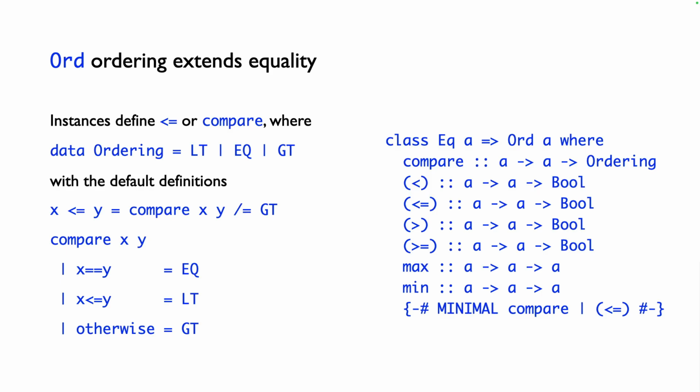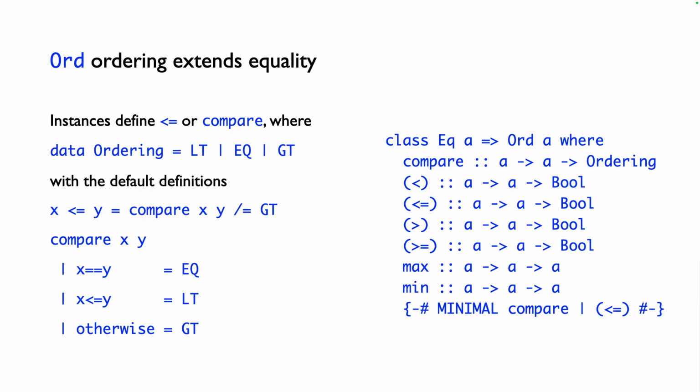Whereas if we want to know that just using the binary operators, less than or equal to, and so on, we need to make two comparisons, or we need to make an explicit equality comparison. This gives us the three options in a single go. And you can see again, in terms of minimality, it's enough either to implement compare or to implement less than or equals, because you can see on the left, I've implemented compare using less than or equals and equals, which we can also use because Ord inherits from Eq.